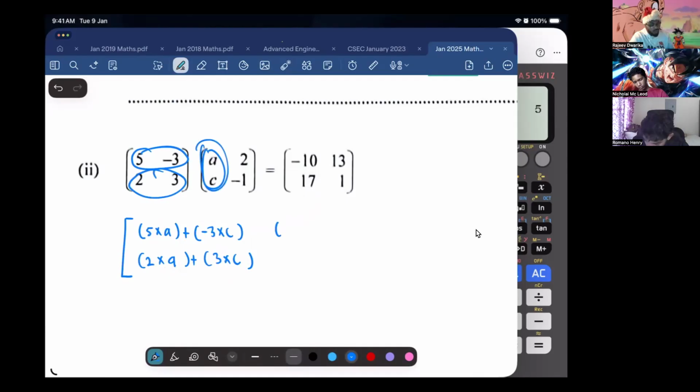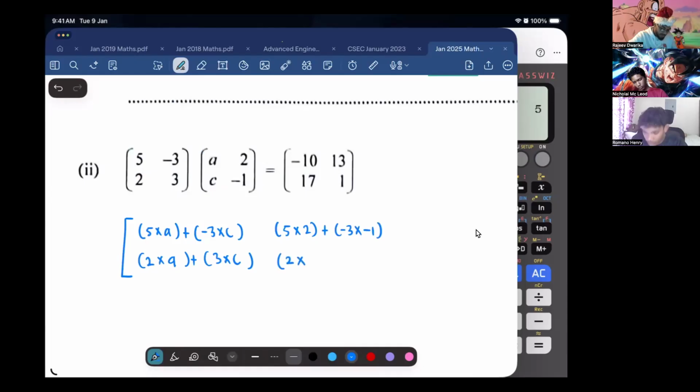What column are we going to move on to now? The second column. So we're going to say 5 by 2, plus -3 by -1, and 2 by 2 and 3 by -1.